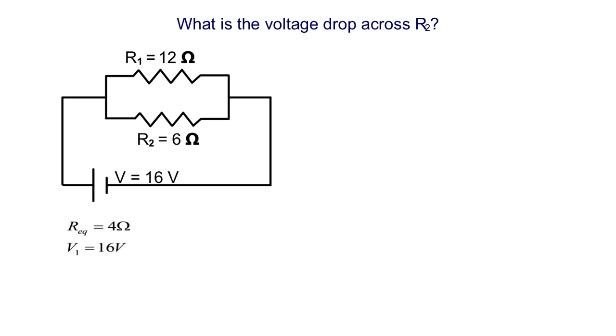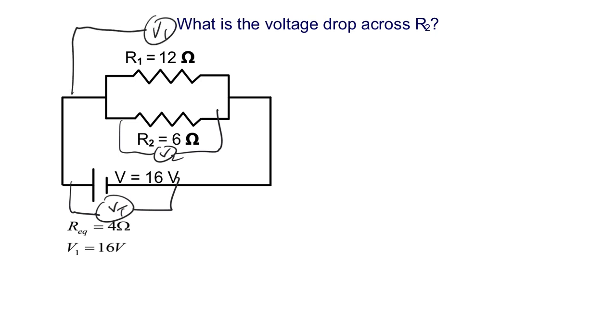What's the voltage drop across R2? Same thing. Okay, if I put a voltmeter over here, it would read the same as a voltmeter over here, as a voltmeter over here, as a voltmeter over here.